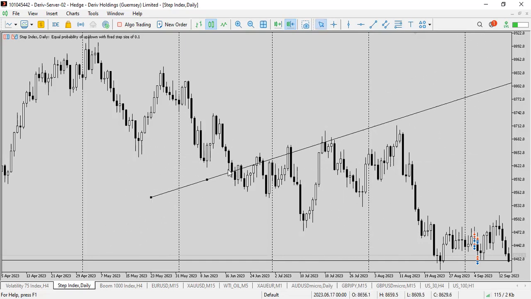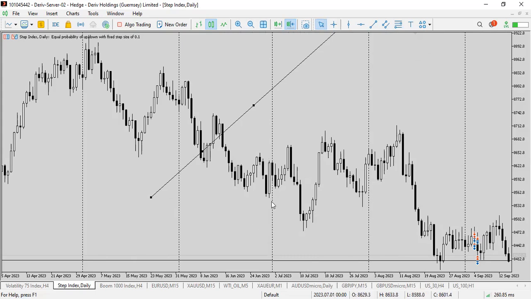If you do this here, only the third point will be moving. The first point will stay on top of this. It will be stable.